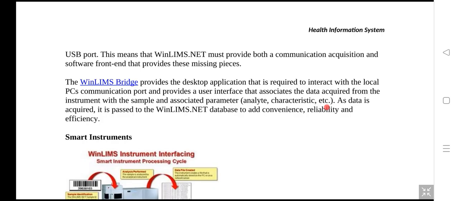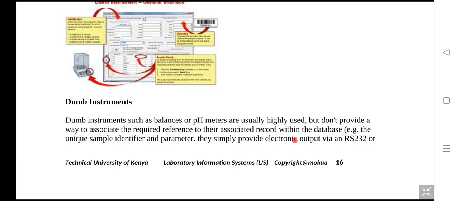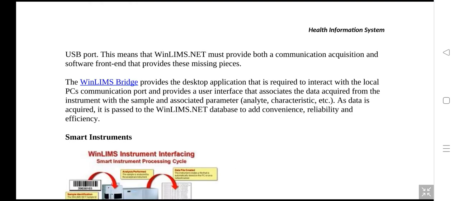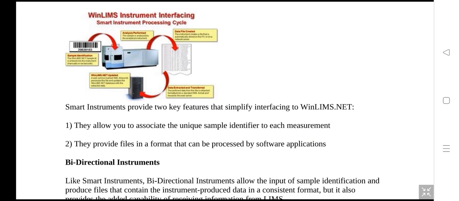The next one is a smart instrument. Smart instruments provide two key features for interfacing with the LIMS. They allow you to associate a unique sample identifier with each measurement, and they provide files in a format that can be processed by a software application.